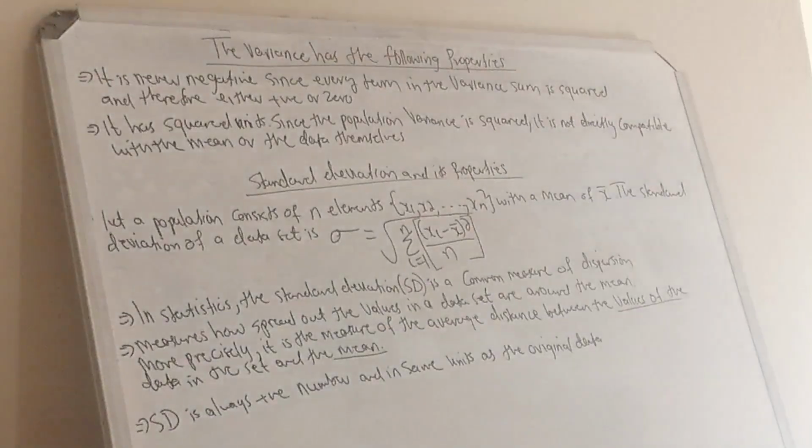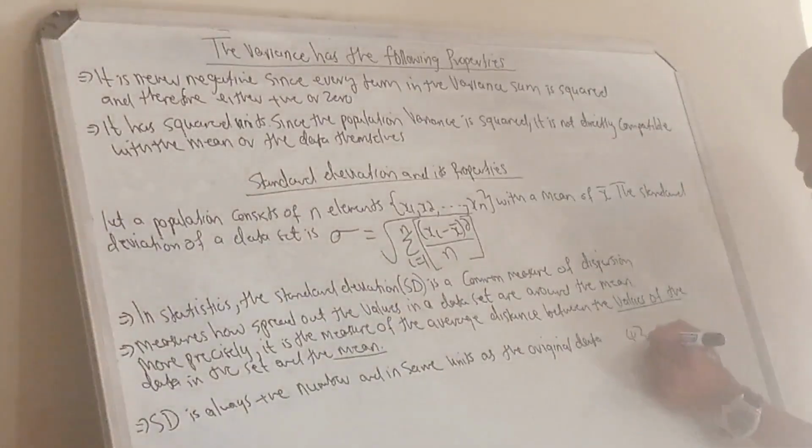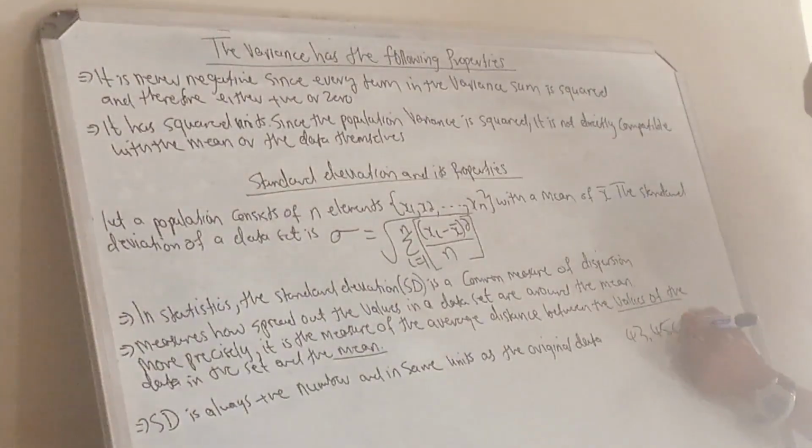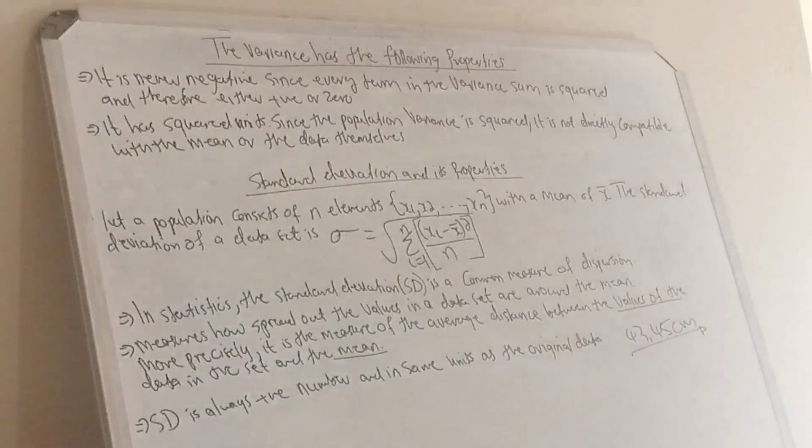The standard deviation is always a positive number, and it is in the same units as the original data. If you are given the original data, maybe the height of learners in centimeters, you will calculate the standard deviation also in centimeters. You may have a value like 0.45 in centimeter units. It takes the same units as the units of the data set that is provided.